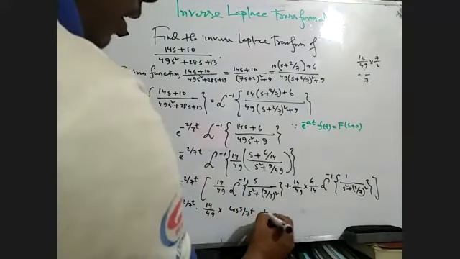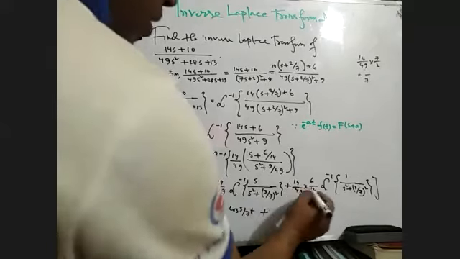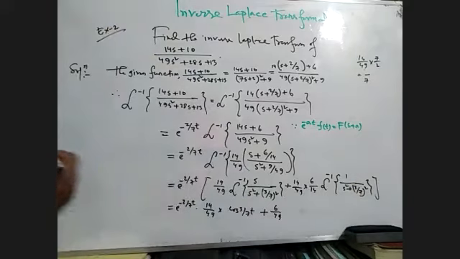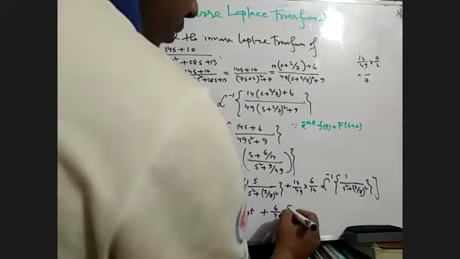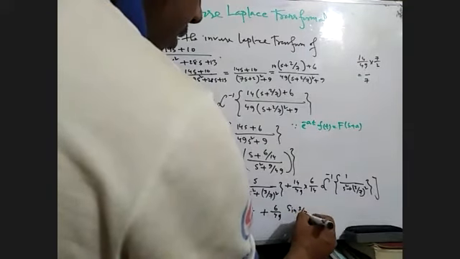This plus what will be this multiplication? 6 by 49, 14 will be cancelled. This formula is what? Sin at, sin 3 by 7t.